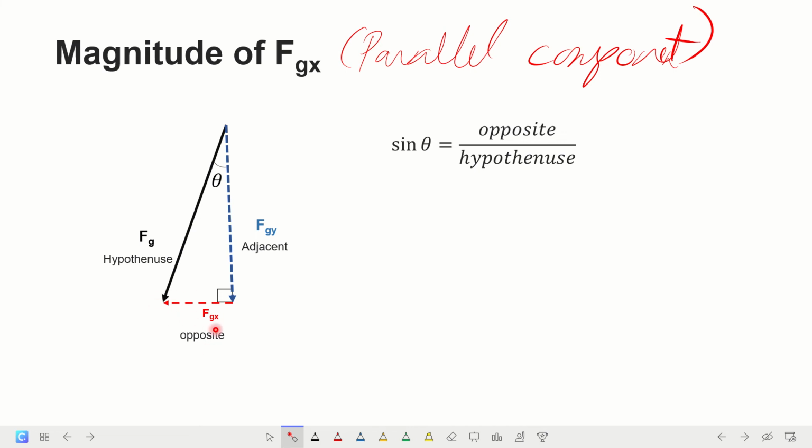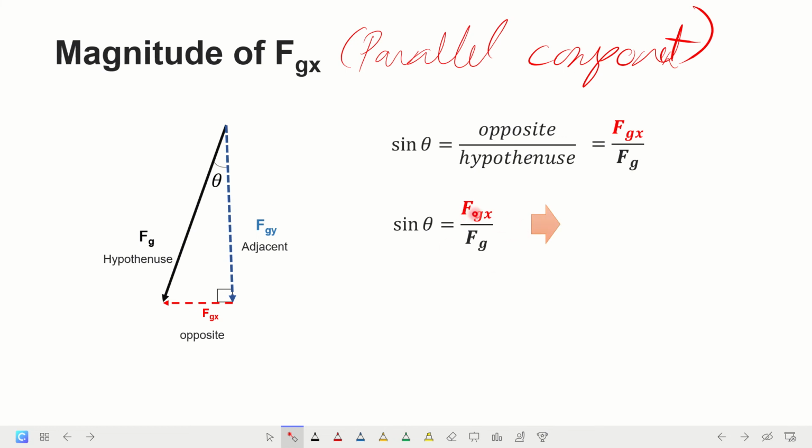So the parallel component, which is F_g,x. And then our hypotenuse here is the force due to gravity. Therefore, we can substitute opposite over hypotenuse with F_g,x divided by F_g, the force due to gravity. So we can now equate these two so that we have sine theta is equal to F_g,x divided by F_g.